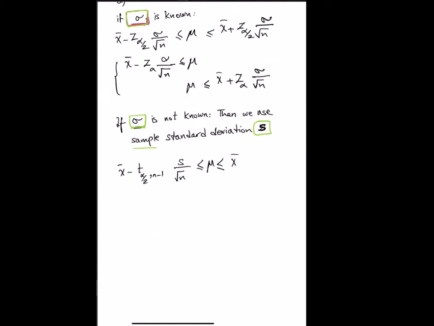The upper bound is going to be X bar plus t. And if I want a one-sided lower bound, it's going to be X bar minus t. And if I want a one-sided upper bound, it's going to be X bar plus t.